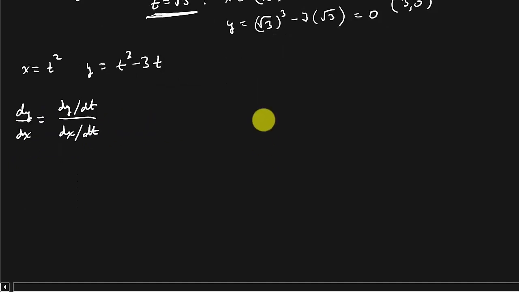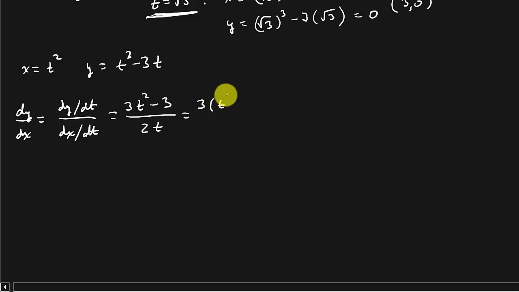I'm just writing them down so we can see them. So it's the derivative of y with respect to t, which is 3t squared minus 3, over the derivative of x with respect to t, which is 2t.